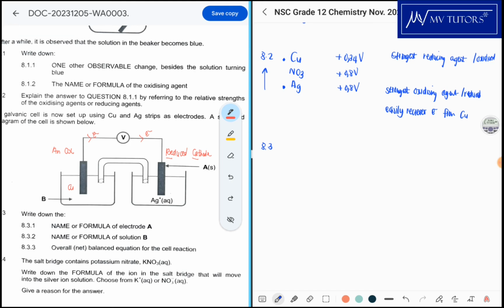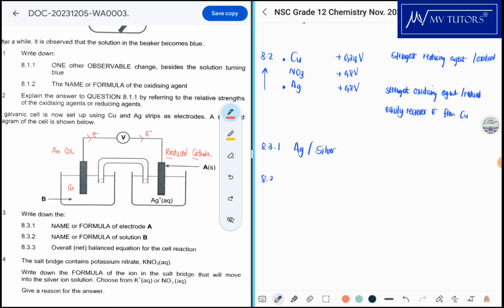So now 8.3.1, it says write down the name or formula of electrode A. Electrode A is simply the silver. You can write the name.